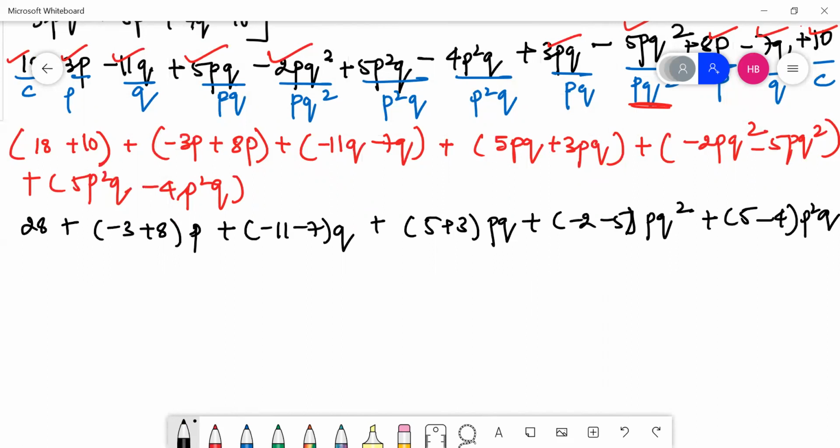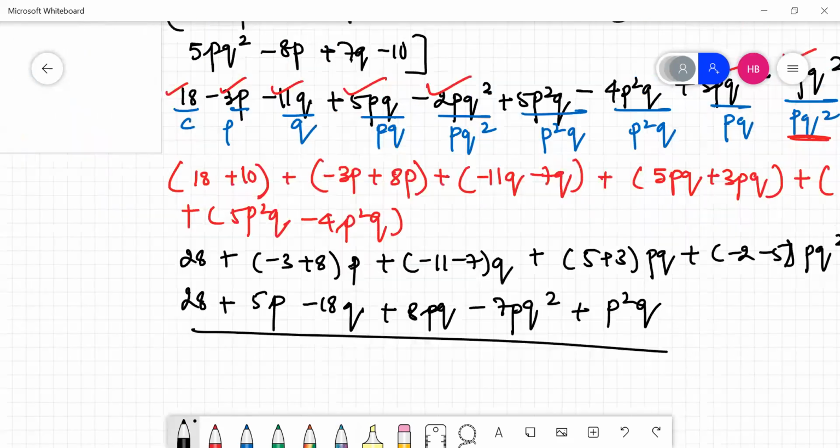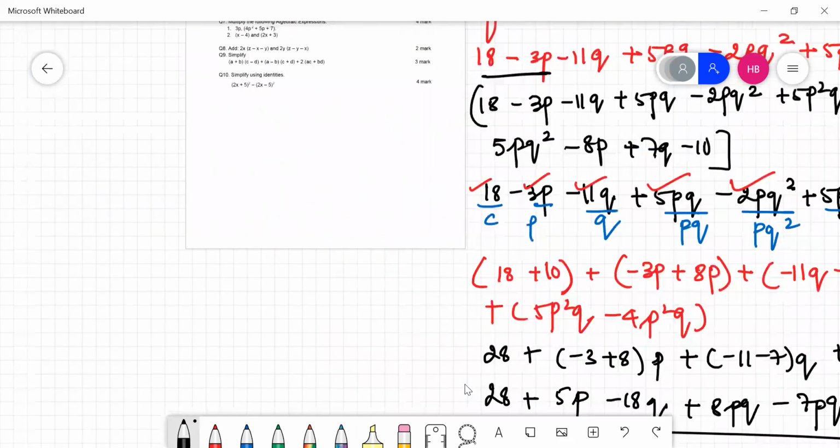Okay, then the answer would be 28 plus 8 minus 3 will give you 5p. Minus 11 minus 7 will give you minus 18q, 8pq, minus 7pq square, plus 5 minus 4 will give you 1p square q. That is your answer, guys. Okay, so please look at all the steps, and this is the answer.